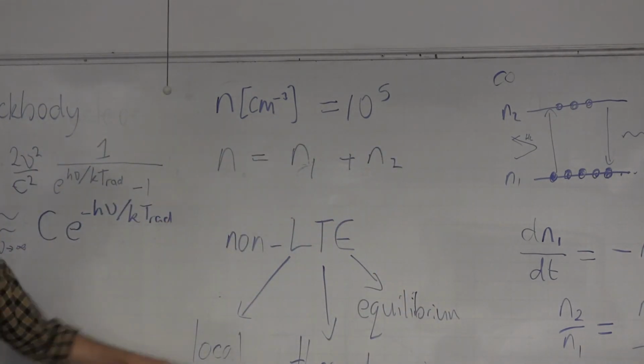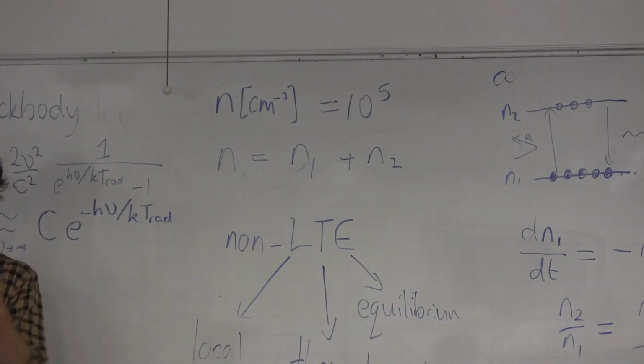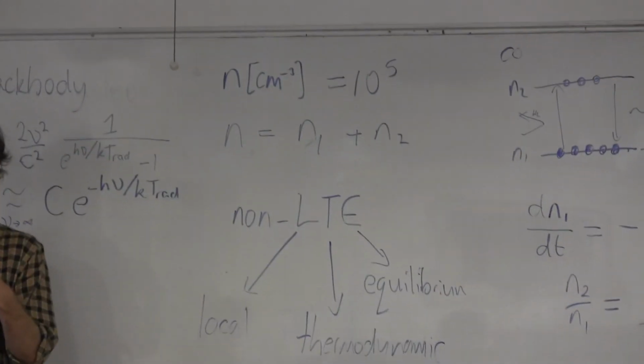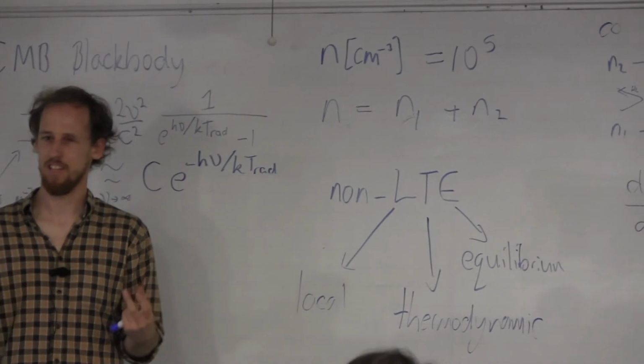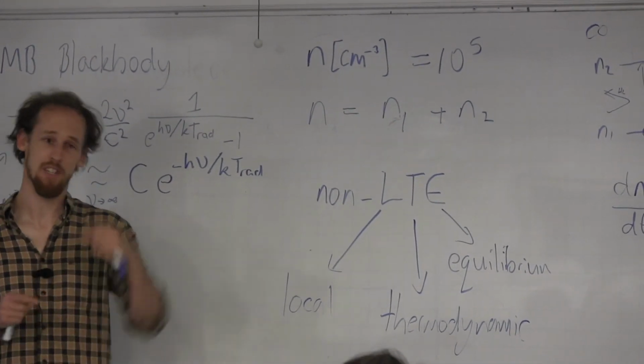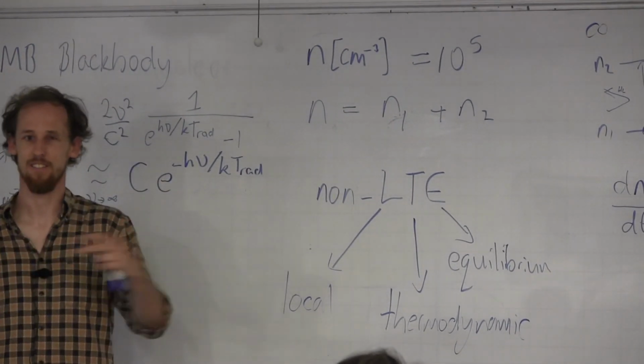If you have local thermodynamic equilibrium, meaning where you are in your box, the particles are colliding so fast that you're always going to have collisions converting kinetic energy to rotational energy, and you'll have the same temperature of the rotational excitation and the kinetic excitation.